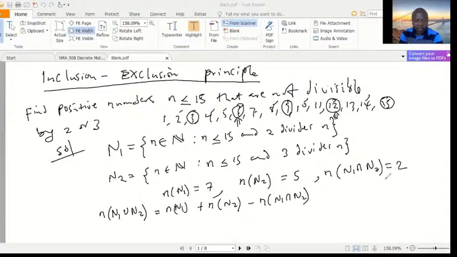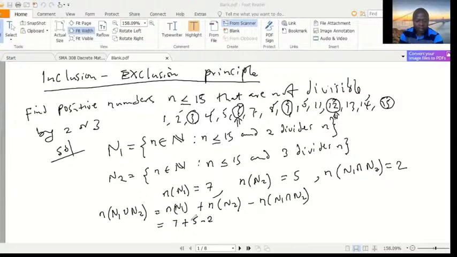Yes. So there are only 2 numbers. And therefore, the number of elements divisible by 2 was 7, those divisible by 3 were 5, and those in the intersection, divisible by both numbers, would be 2.